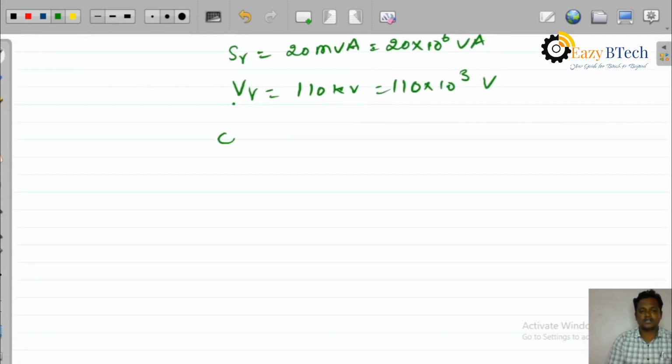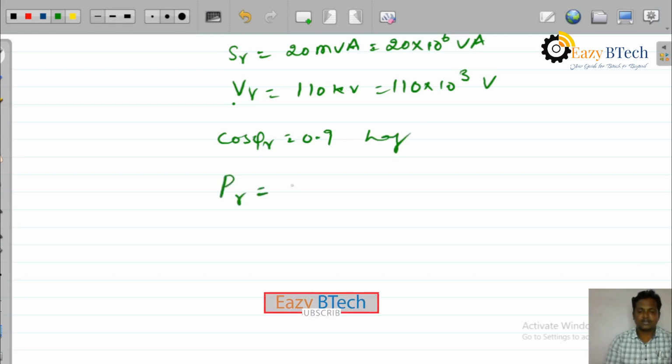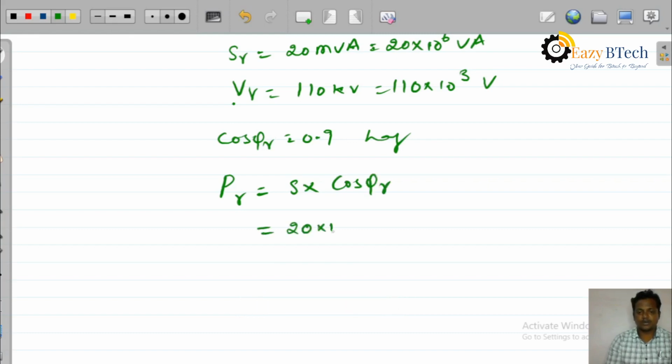The cos phi r is 0.9 lagging. Now, the real power at the receiving end is S into cos phi r, which is 20 into 10 power 6 into 0.9, so we get 18 megawatt or 18 into 10 power 6 watt.